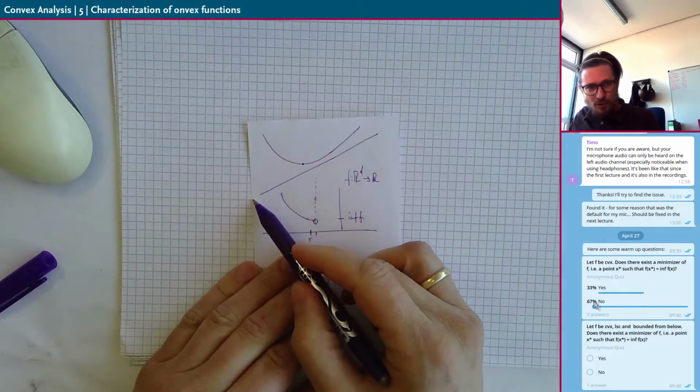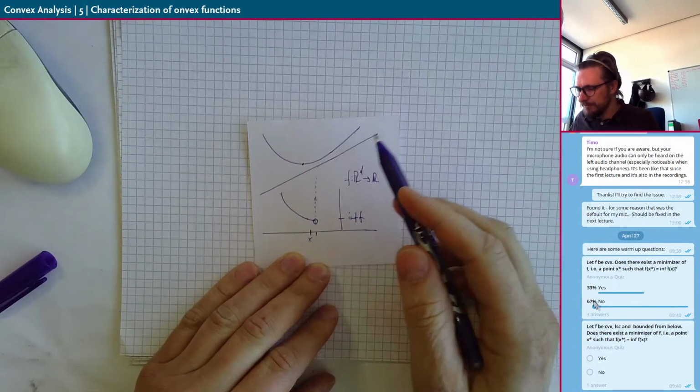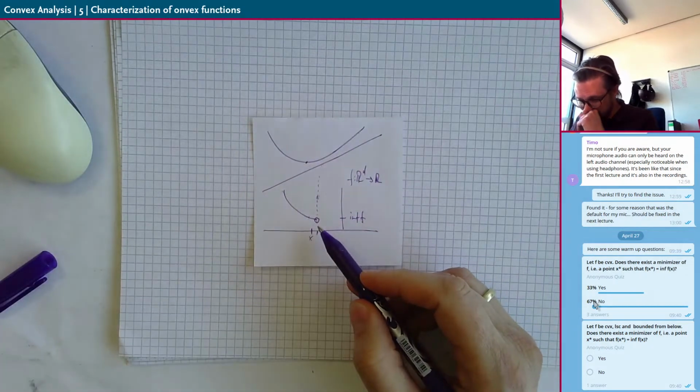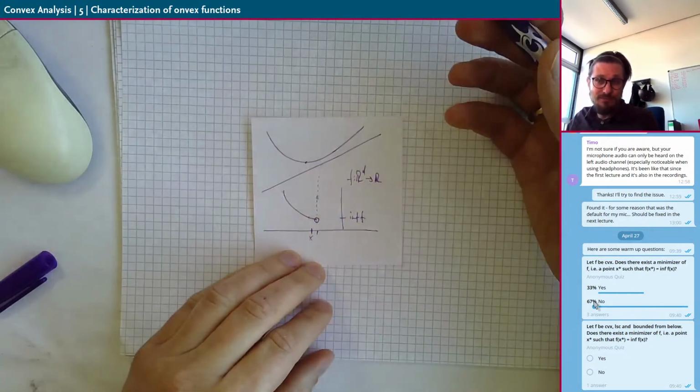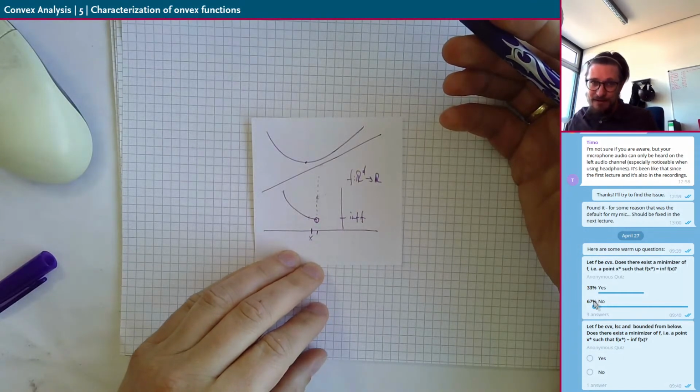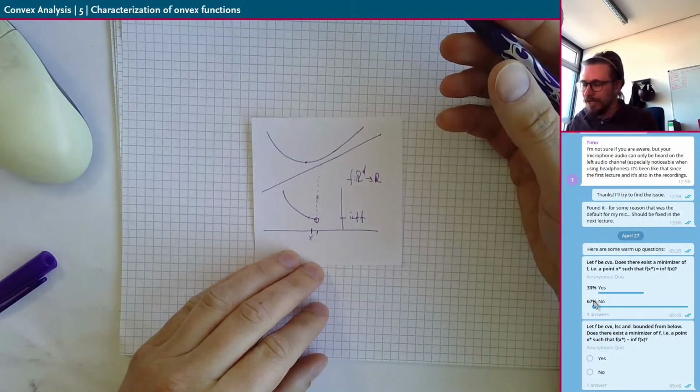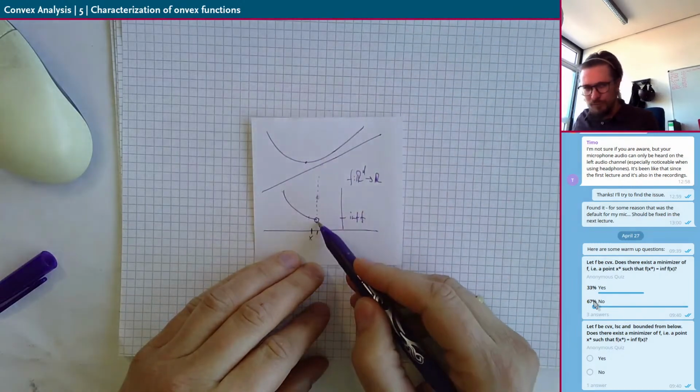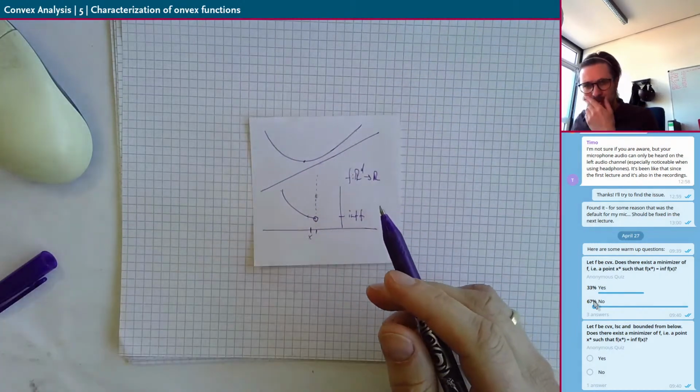Being unbounded from below may still happen for convexity, and on the other hand, a function may still jump up to plus infinity in a non-lower semi-continuous way, which then blows away this minimum here.